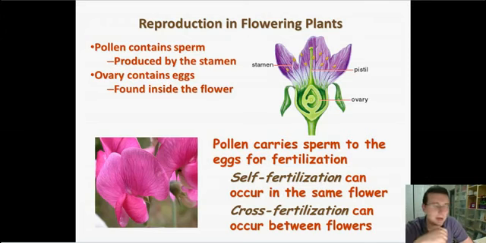Flowers which are incapable of having both genders in the same one, where each flower is only capable of one gender, can only cross-fertilize, or exchange the genetic code between flowers. However, if the flower has both genders in it, it can do something called self-fertilization.